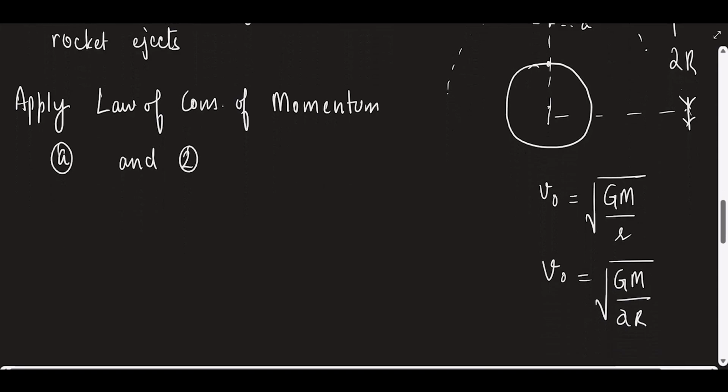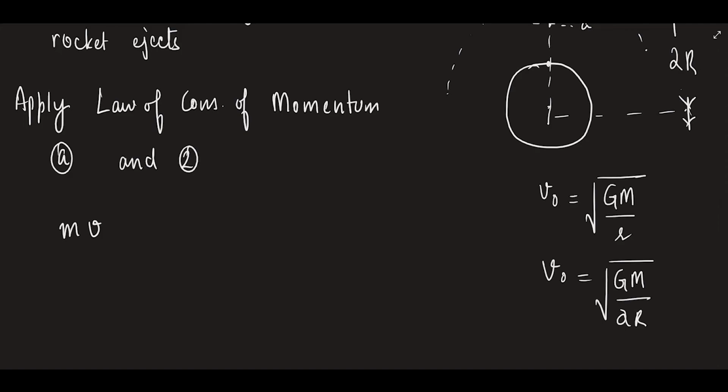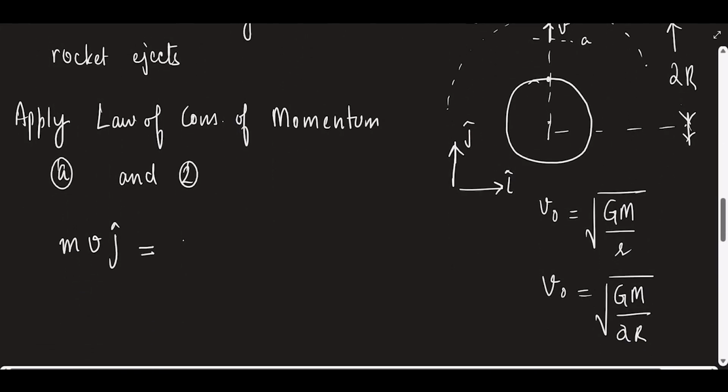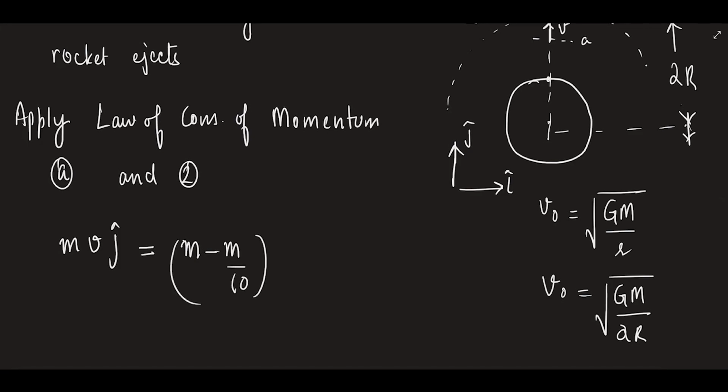So at A point my satellite with the mass m is moving vertically upward with the velocity v that we already calculated. Anything in the y-axis we call j cap, and anything on the x-axis we say i cap. So mv j cap. And now after reaching point 2, my satellite will move with the velocity v0, and the mass of the satellite will be this much, because m by 10 it has removed.